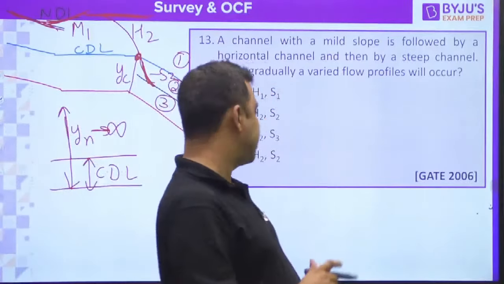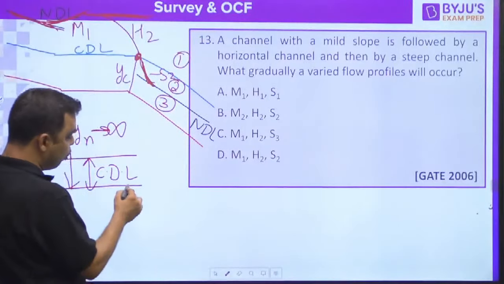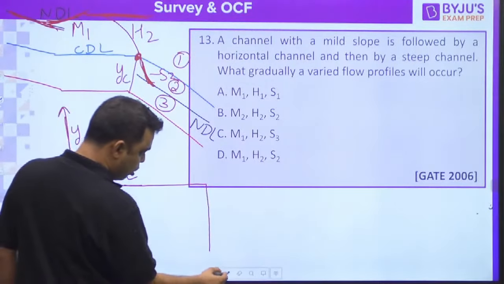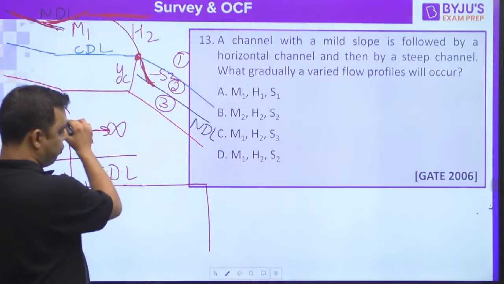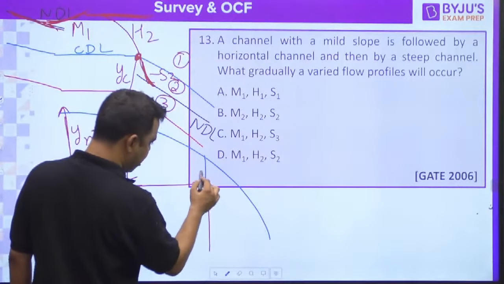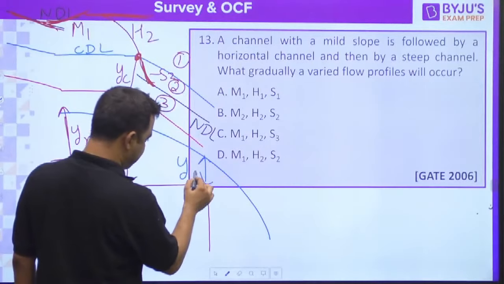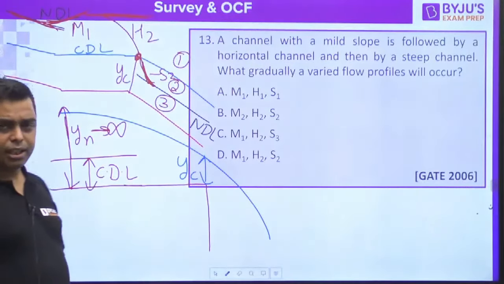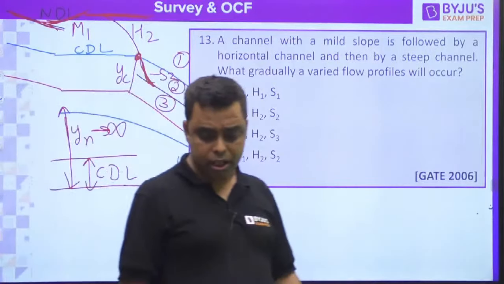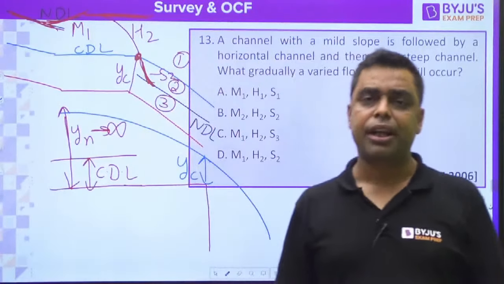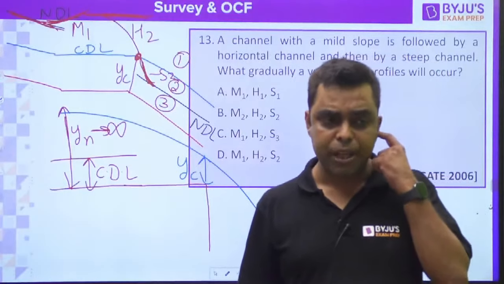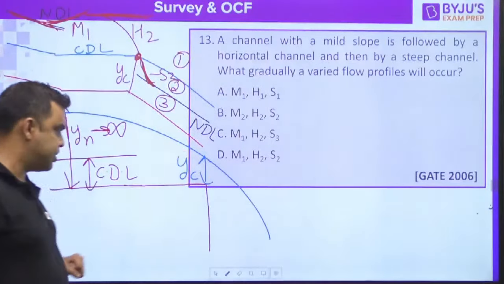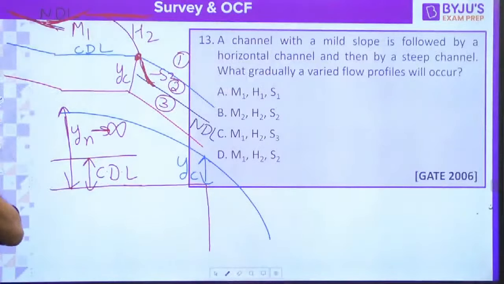But when there is a sudden fall in the flow, it is observed that the flow approaches the sudden fall at YC. At the corner, the flow will be what? Critical. So it will have a critical depth of flow. So this will be YC. Got the logic? Understood?